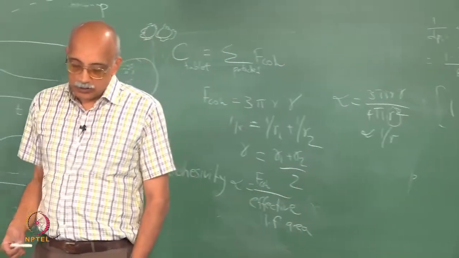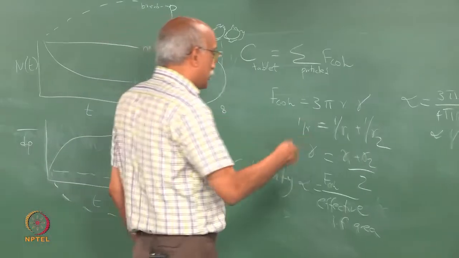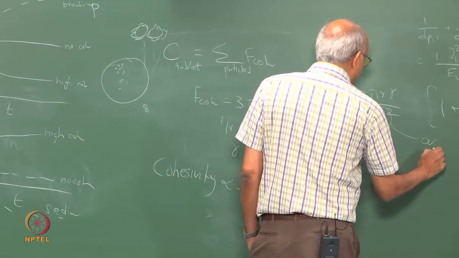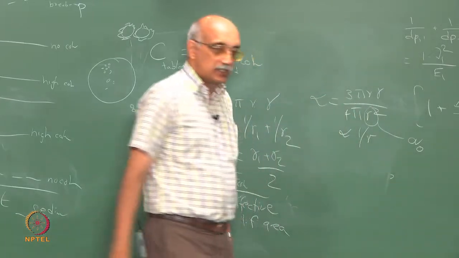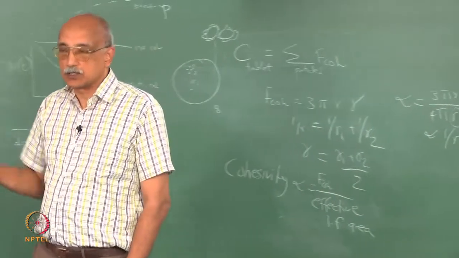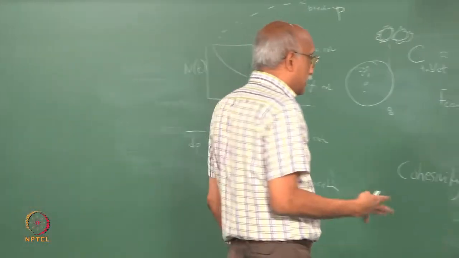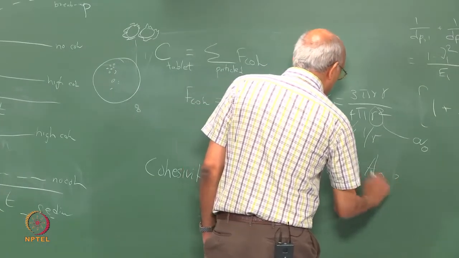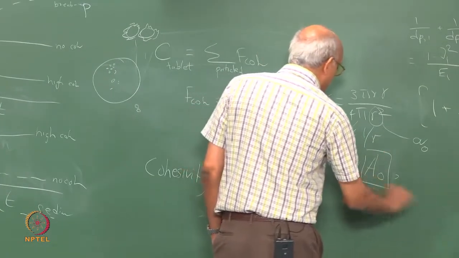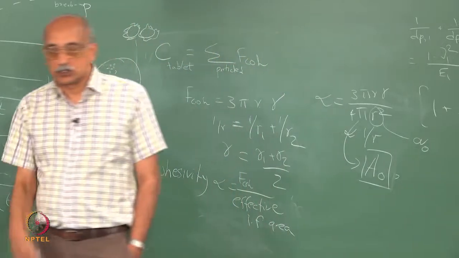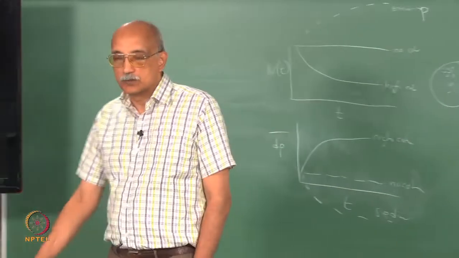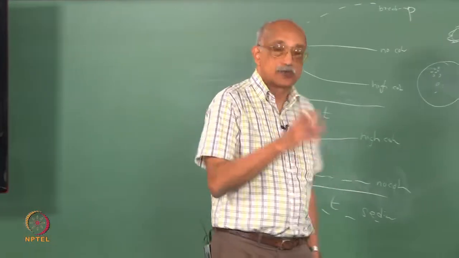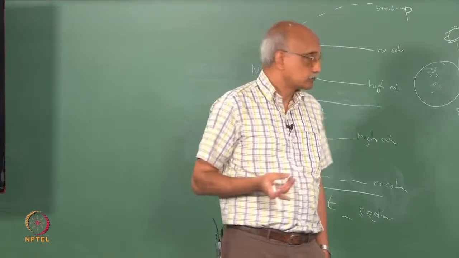This value r, now, instead of being the diameter or the radius of the particle, will have some value, let us call it a0, which is an effective radius of contact, and correspondingly this 4 pi r squared can be replaced by an effective area of contact, let us call that capital A subscript 0, which depends on the roughness characteristics of the particles.